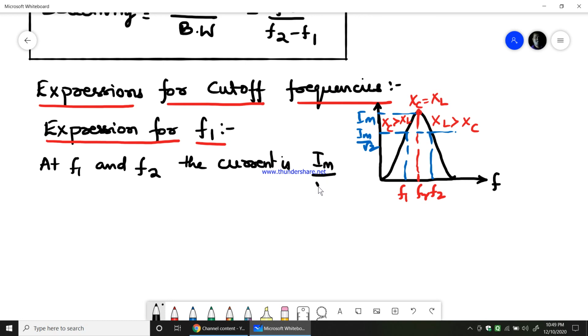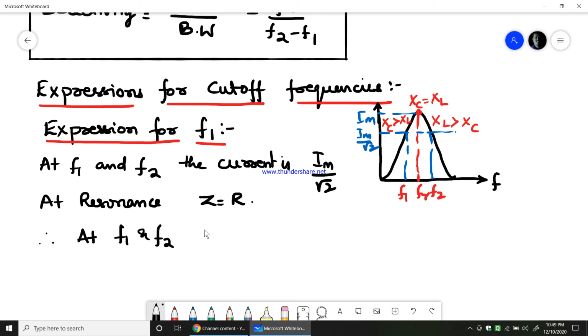We know that at resonance Z is equal to R. Therefore at F1 and F2, Z will now be equal to square root of 2 times R, because it is Im by root 2.